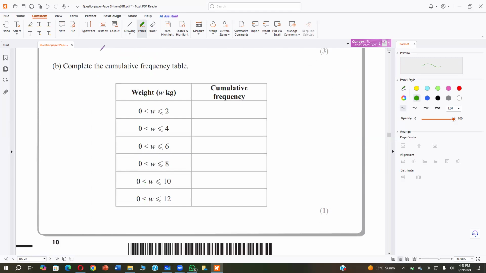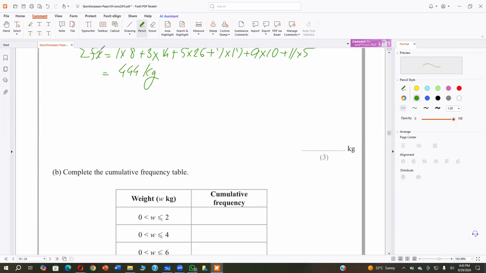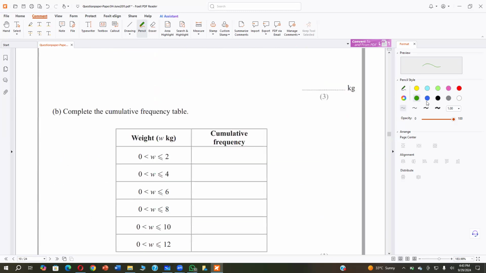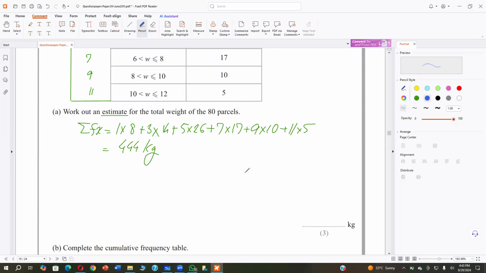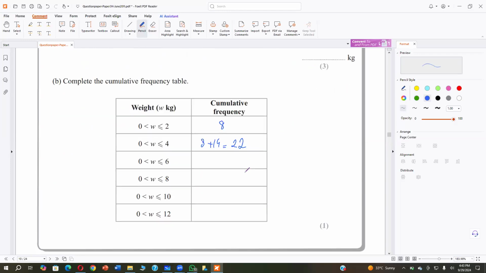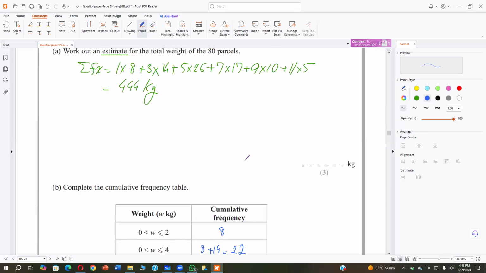Complete the cumulative frequency. So I have the first number 8. The next would be 8 plus 14, 22. And then 22 plus 26, 48. 17 is the next number.